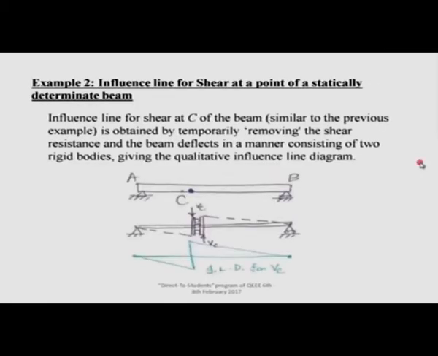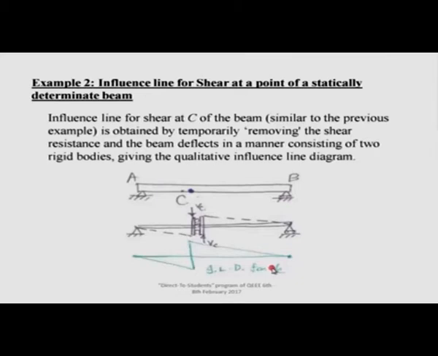Now, let us come to another influence line, for shear at a point of a statically determinate beam. If I have to draw the influence line diagram for the shear, can you remember that you have a unit load moving onto the beam, and you are trying to determine the shear at that particular point.